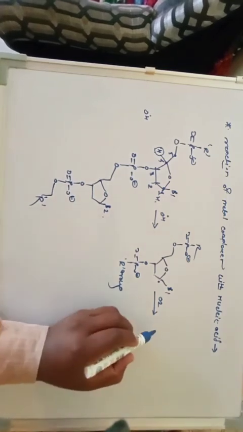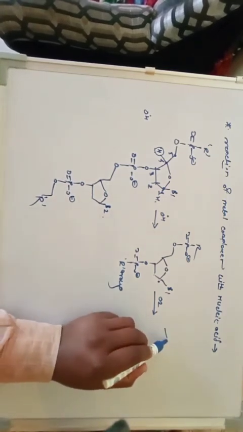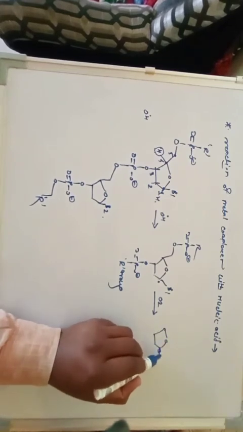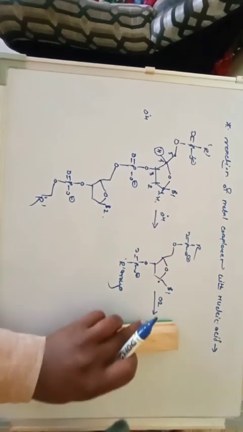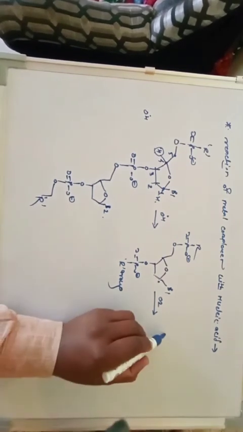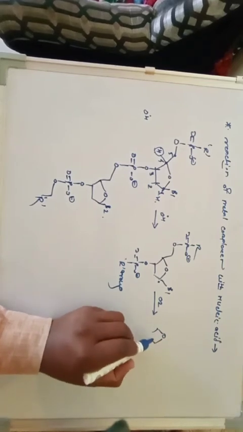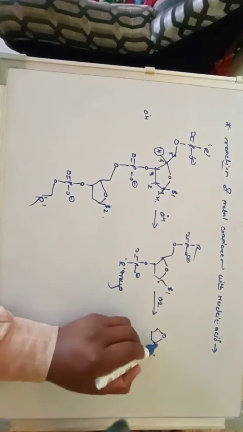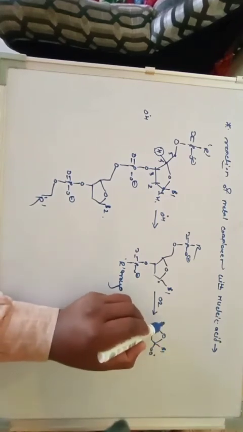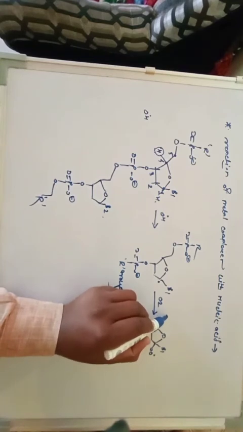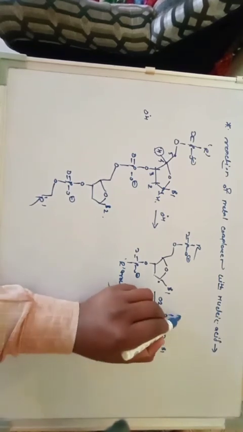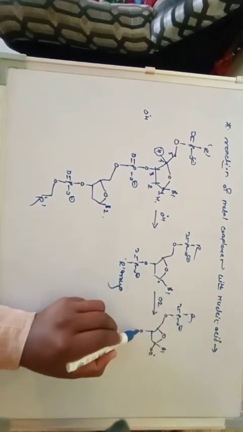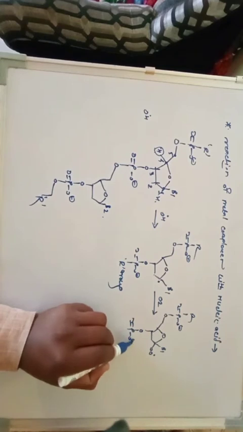So what you get in this case is that the oxygen binds to this carbon, with an oxygen radical, B1 is there, the sugar, P double bond O minus, the R group, again O, P double bond O minus, and the R group.